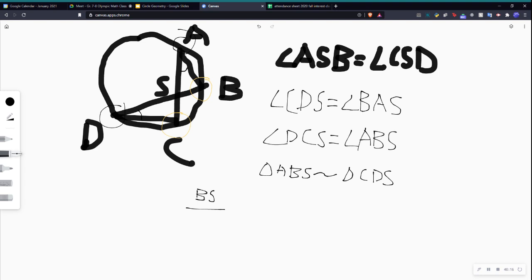Okay, so that means that we can write a ratio for these two side lengths. So BS divided by CS would be equal to, so BS we got from triangle ABS. So that means the numerator, we have to use a side length from triangle ABS. The next side length we're going to use is AS right here. So we're going to put AS in the numerator, and this corresponds to side length DS right here.